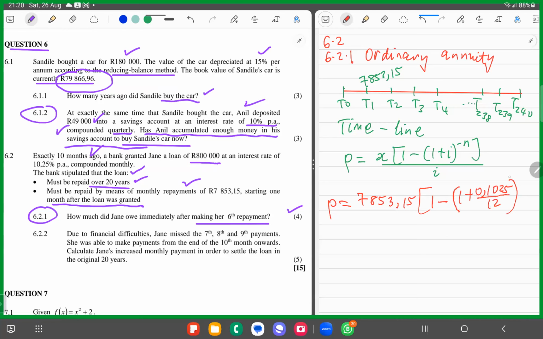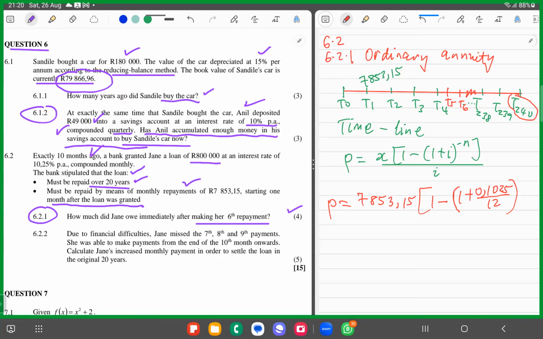So you have a total of 240 months. But after making the 6th payment, you're going to have T5, T6, and then you go on like that. So the question is, how many payments will be outstanding?